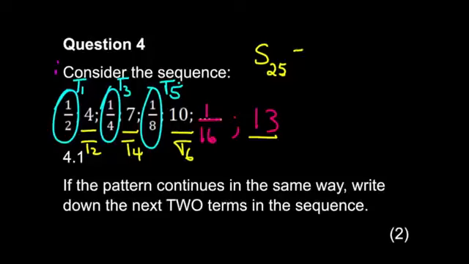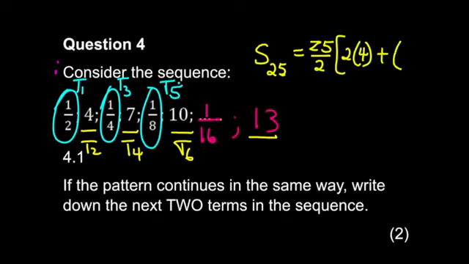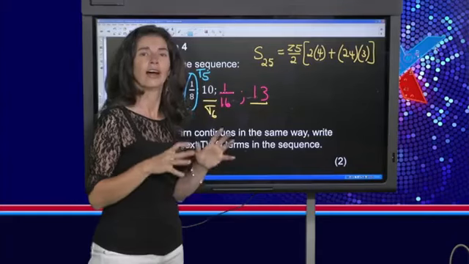So the sum of 25 would be 25 over 2, and you would have 2 times 4 plus, and we have 24 differences, and the difference was 3. We're adding 3 all the time. Very, very careful, grade 12s, with your substitution.